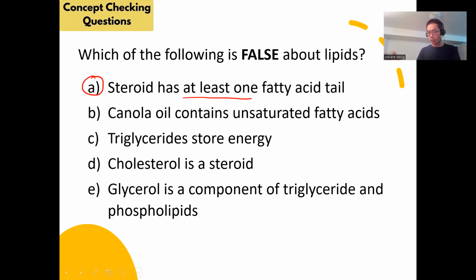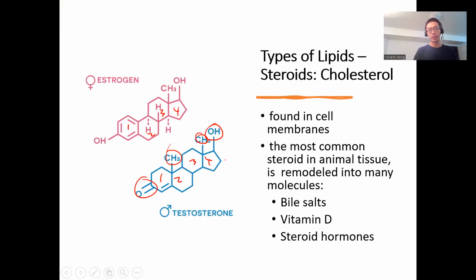Canola oil, which is a liquid, contains unsaturated fatty acid. That's true, and that's why it's liquid at room temperature. Triglyceride is fat and is long-term storage of energy. That is correct. Cholesterol is a steroid. Look, it literally says right here, steroid, cholesterol.